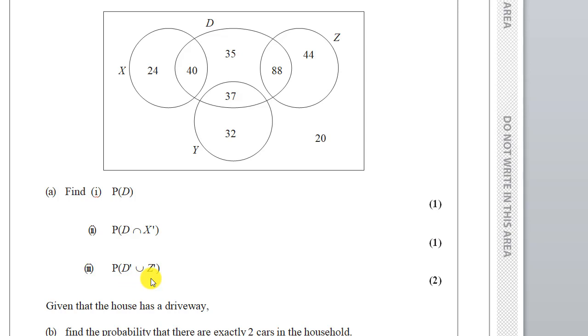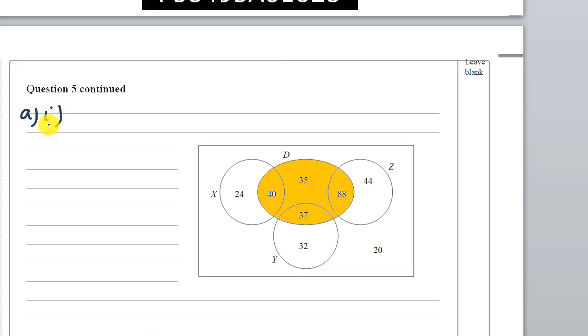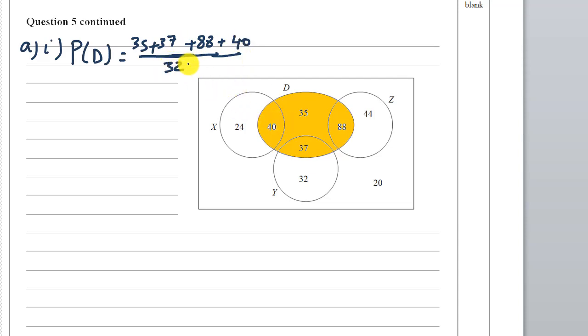So let us start to solve this part. Now the probability of D, this is D. So the probability of D is equal to all the parts in D, which is 35 plus 37 plus 88 plus 40, divided by the whole, which is 320.